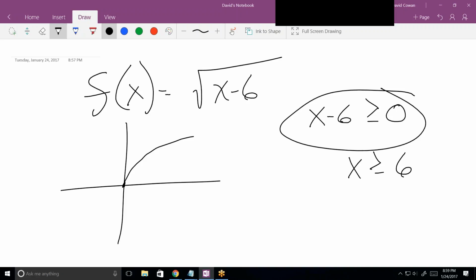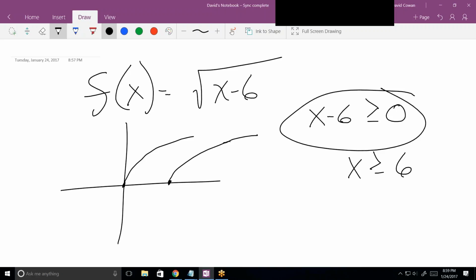How is this transformed from the parent function? It's shifted to the right 6 units. Correct. So this function would look like that. Positive number shifts to the left, negative number shifts to the right.